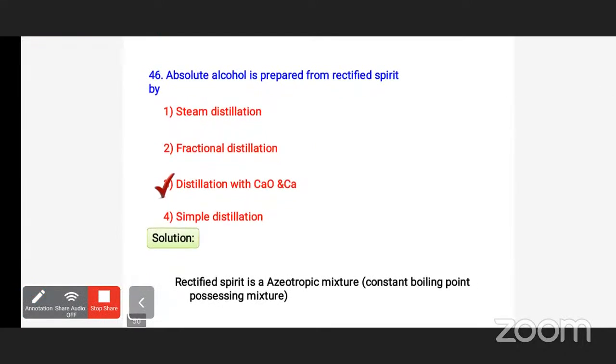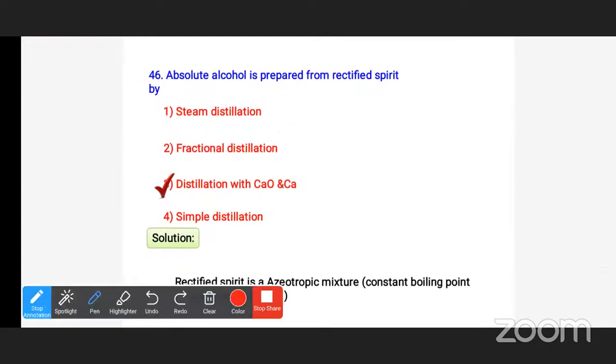Absolute alcohol is prepared from rectified spirit by: number one, steam distillation; second option, fractional distillation; third one, distillation with calcium oxide and calcium; and simple distillation.